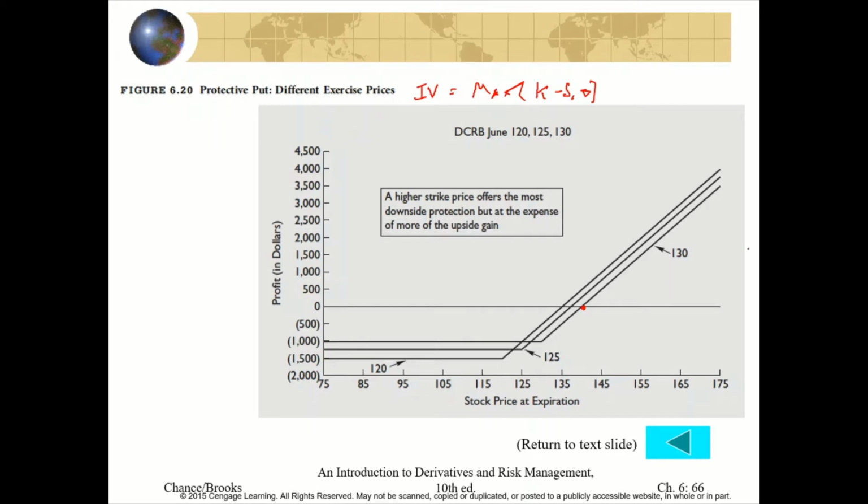If we choose a high strike price, we will achieve a lower loss, but we will also always achieve a lower profit. If we choose the put option with the lowest strike price, we will pay a lower premium, so we will have a lower break-even point. However, if the price of the stock goes down, we will achieve the highest loss.